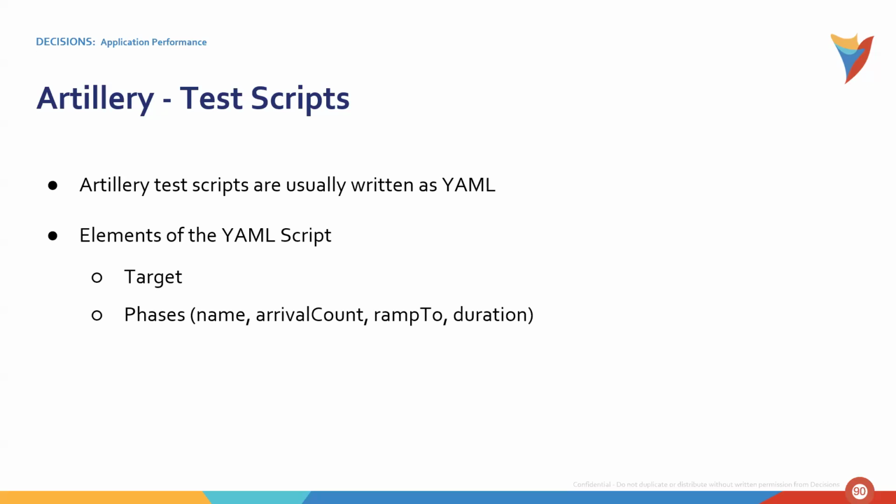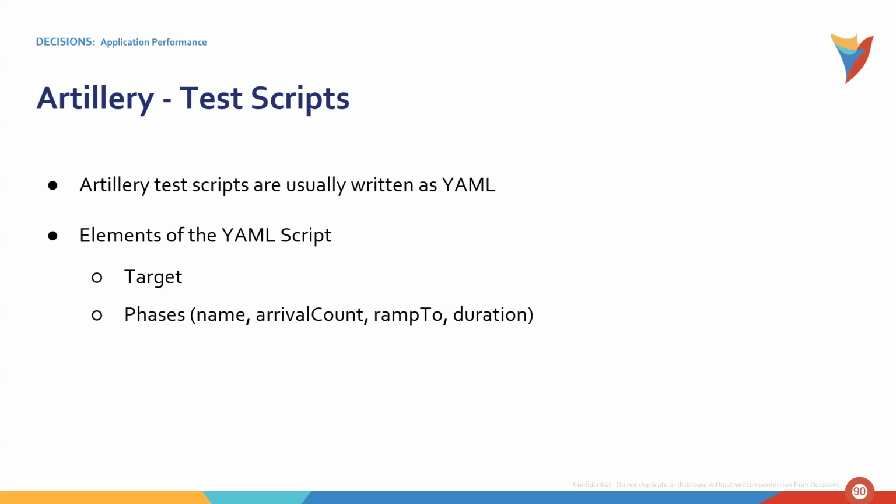Then you have the next element called phases. Phases is an element which can contain more than one element inside it. I can have multiple phases for my test. Each phase can contain 4 different keys.